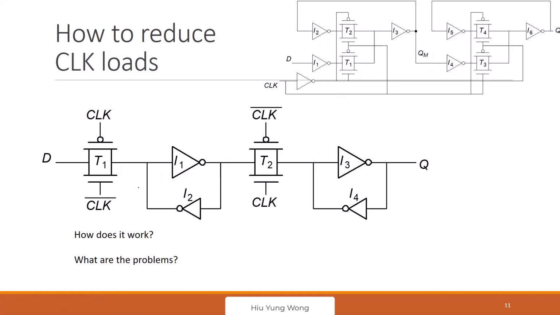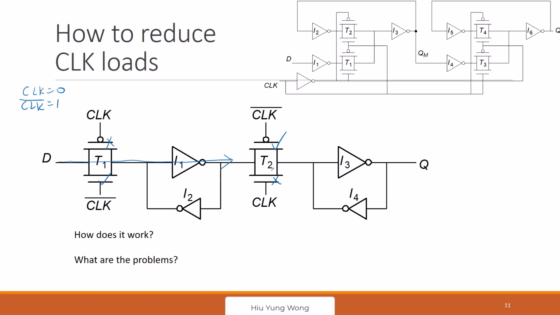So first of all, when the clock is low, then what happened? This is then clock bar equal to 1. So this is on, this is off, and here this is off. This is on, because the clock is low. So in this case, the data will go through here, but blocked by here.